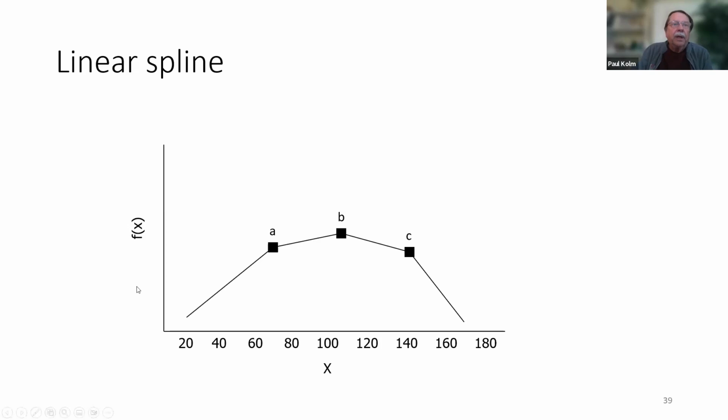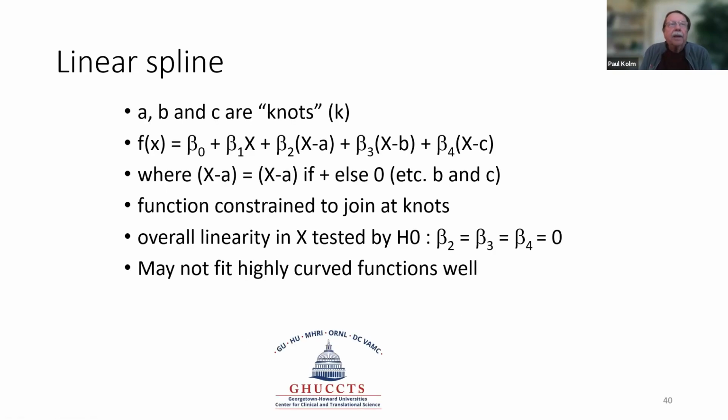So the segments from the start to A, A to B, B to C, and C to the end are, you can see, linear, but overall we have a nonlinear relationship. And the points at which there's a change in slope are referred to as knots.